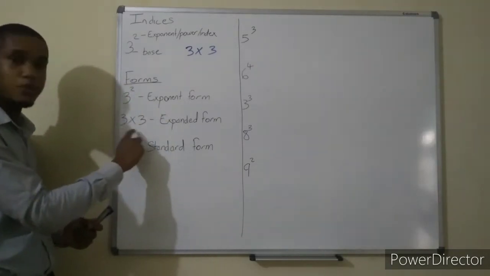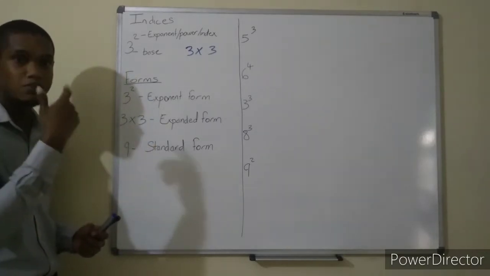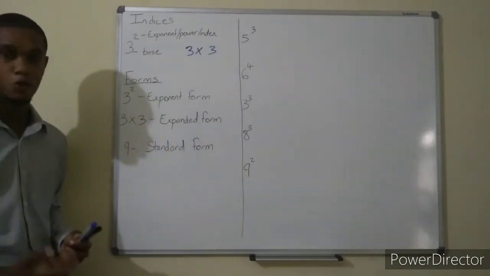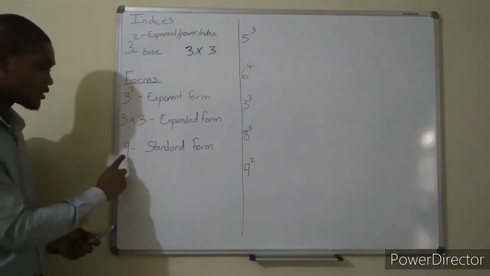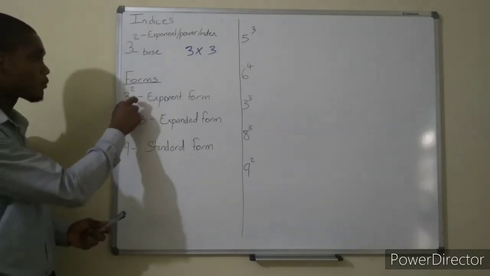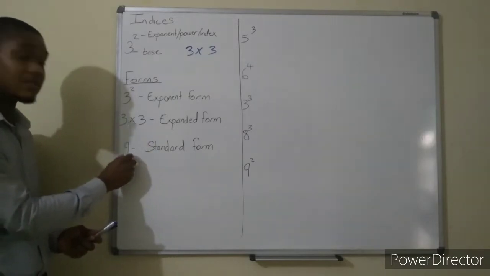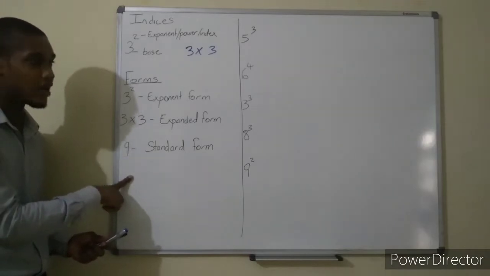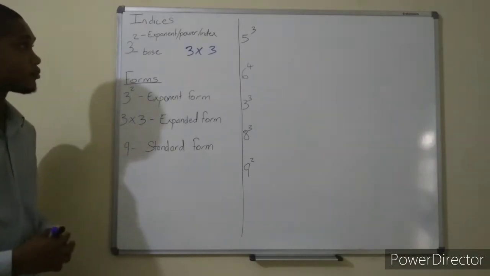And so once the multiplication sign starts to be involved, where you are seeing it explicitly, it is the expanded form. Now the standard form is the final form, which is the answer. So when you move from the exponent form and you put it in expanded form, the standard form is the answer you get. So 3 times 3 gives you 9. So that is what these refer to.